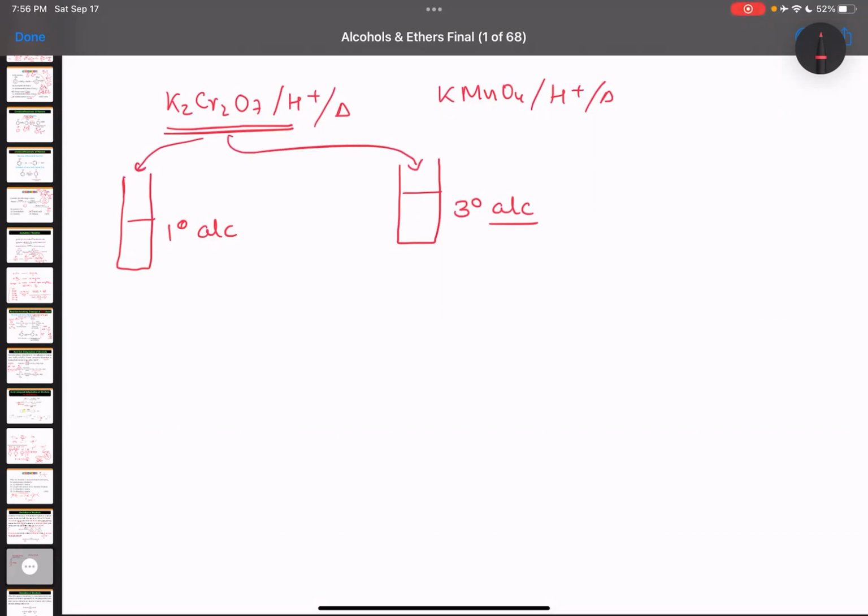What change will you observe? This is a very important thing, because this is going to be a common reaction from your NCERT, or it can be asked in the way I'm asking, in your competitive examination. So what color change will you observe?